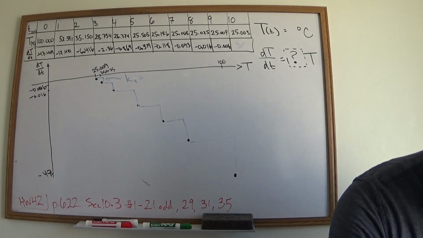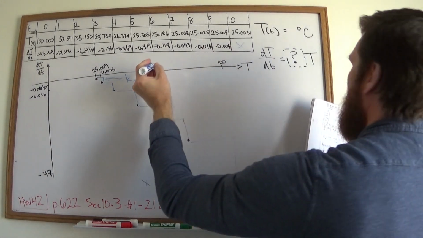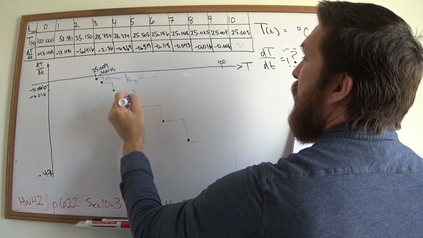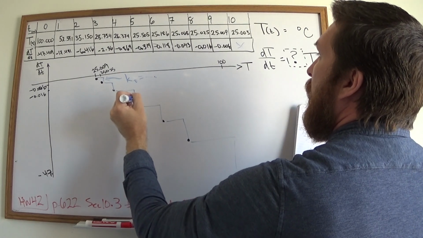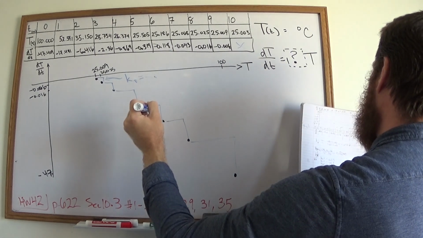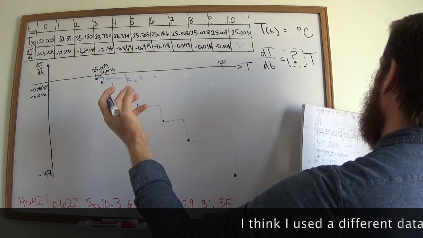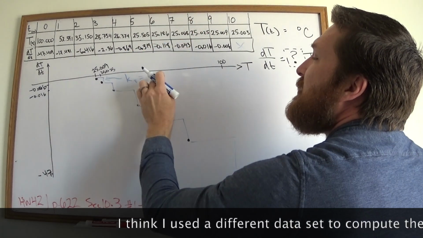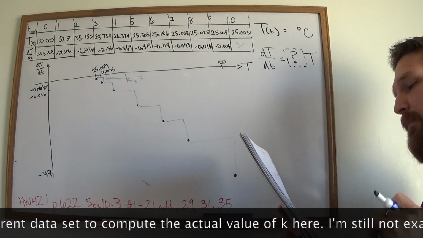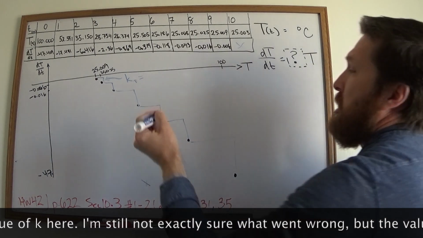I tell Python to do it. Oh, well, that's why it came out weird, because I used the wrong data points when I did it by hand. Anyway, who cares?